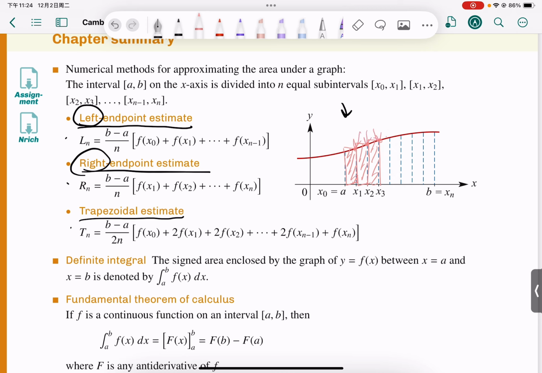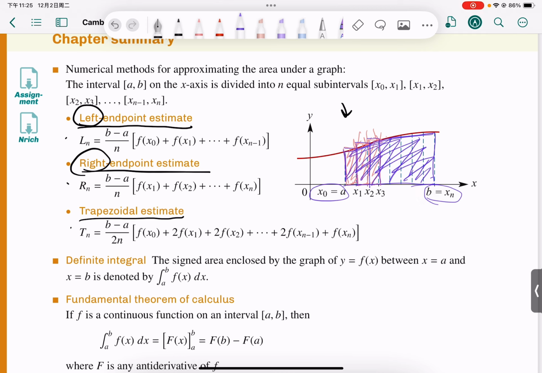We're estimating the area under the curve in purple, from x0, which is a, to b, which is xn. So this whole purple area, we are estimating. So we use multiple squares to estimate the whole total purple area under the curve.